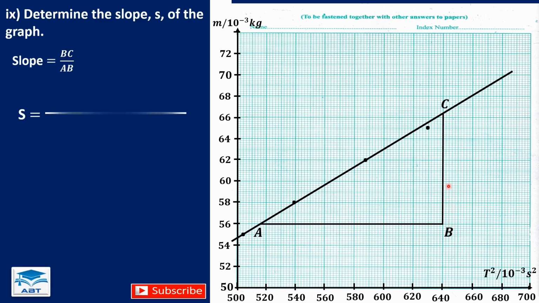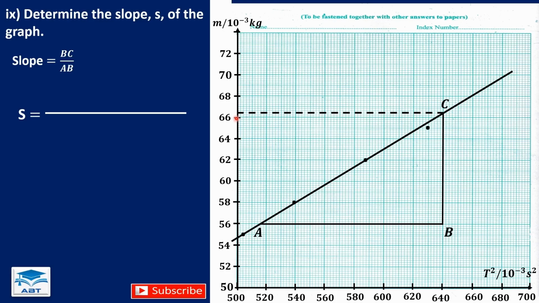For change in BC, we have C minus B. And here, remember, the difference between each big box is 2. And 2 divided by 10 is 0.2. So we have 66.